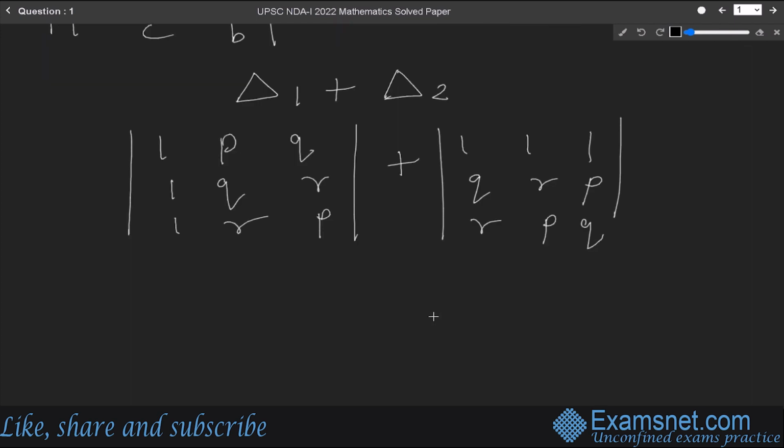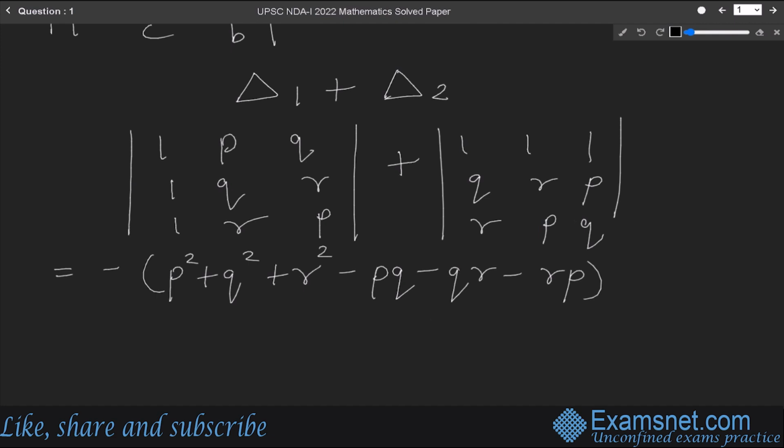Yes, you are right. The value of delta 1 will be minus of P square plus Q square plus R square minus PQ minus QR minus RP.